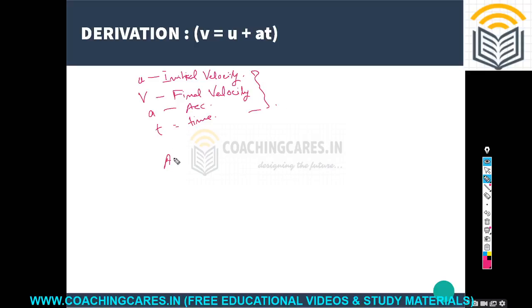Now acceleration, as we know, a is nothing but the rate of change of velocity. We all know this fact. So rate of change of velocity is equal to change in velocity, final velocity minus initial velocity, and rate of change means divided by the time taken, that is t.